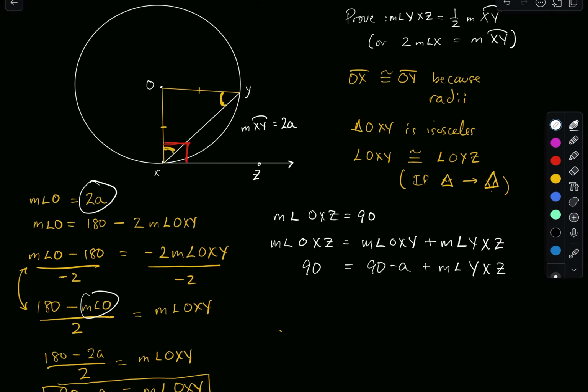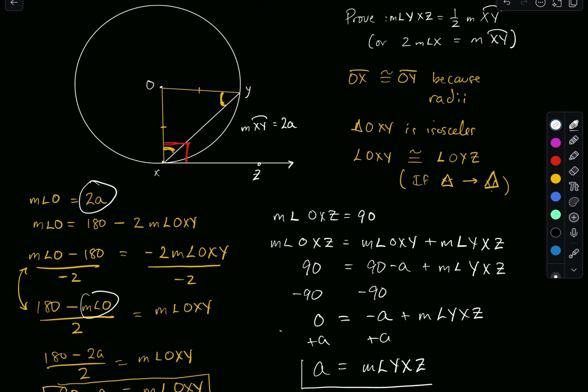So now, if I subtract 90 from both sides, I get 0 equals negative a plus the measure of angle YXZ. If I add a to both sides, then I get a equals the measure of angle YXZ.